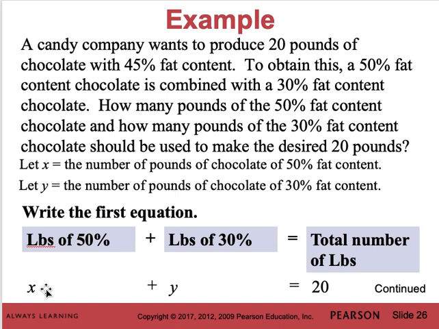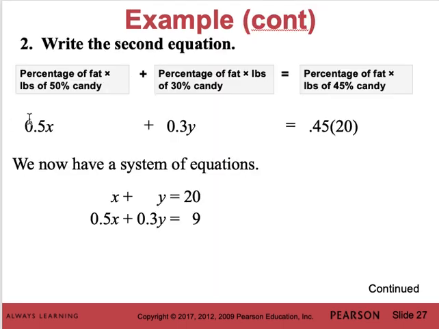So we know that x, our 50% fat content, plus y, our 30%, is equal to that 20 pounds that is desired. And as a decimal, 50% is 0.5 times x pounds of candy, and 0.3 times y pounds of candy is equal to 0.45 times 20 pounds of candy.